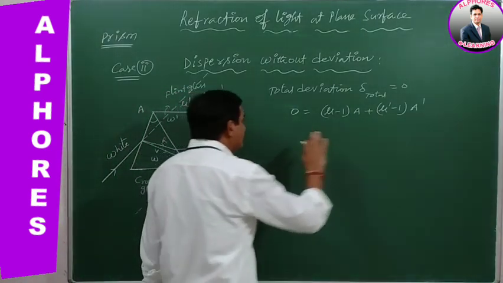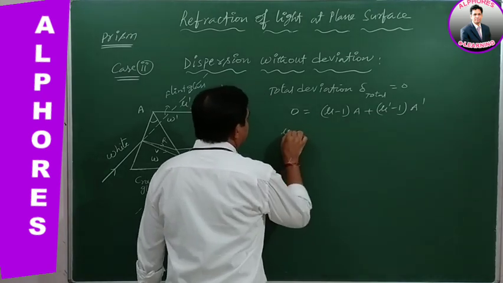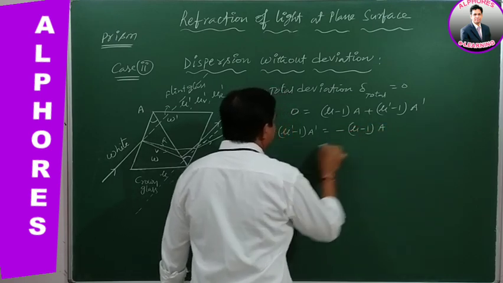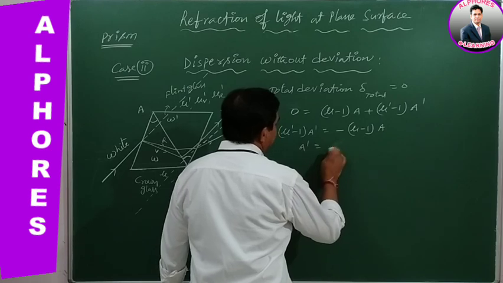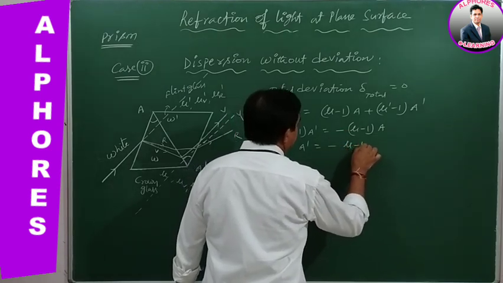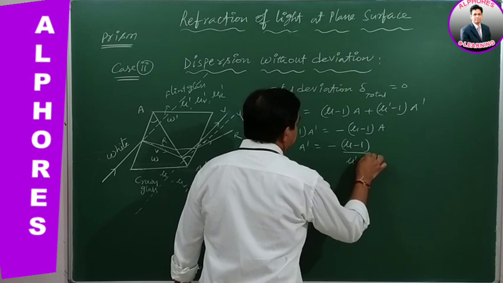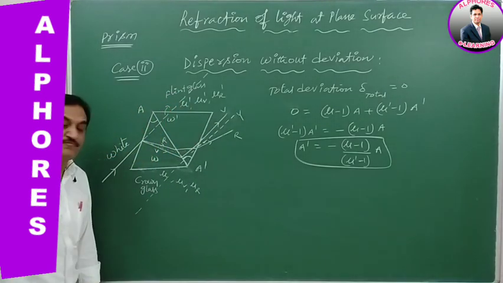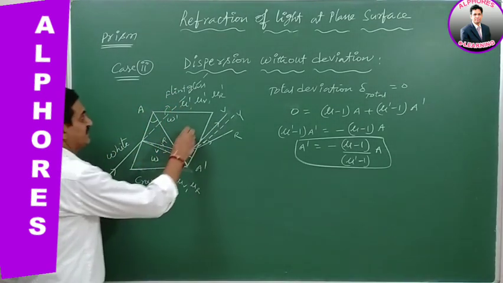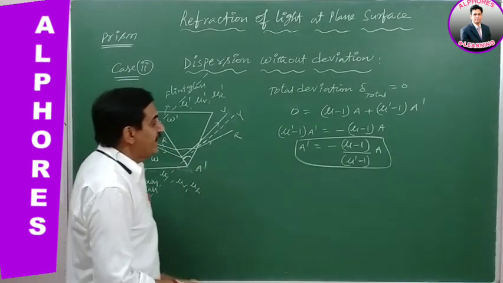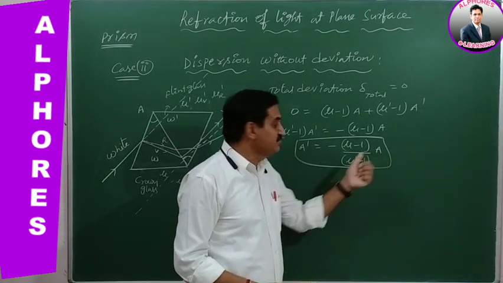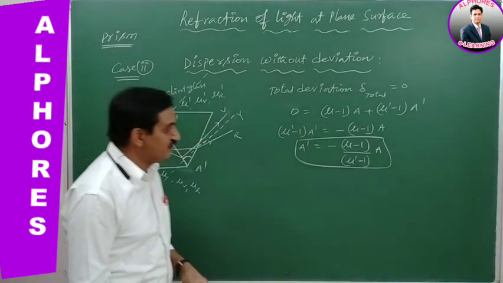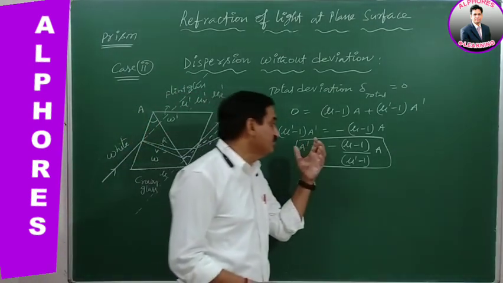The total deviation is nullified, so (mu dash minus 1) A dash equals minus (mu minus 1) A. From this, A dash equals minus (mu minus 1) by (mu dash minus 1) into A. This is the angle of prism for the flint glass, expressed in terms of the angle of prism of crown glass with their corresponding refractive indices.